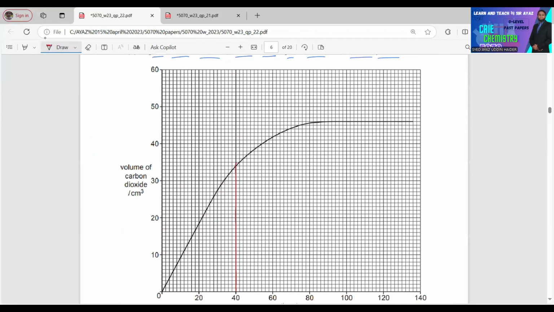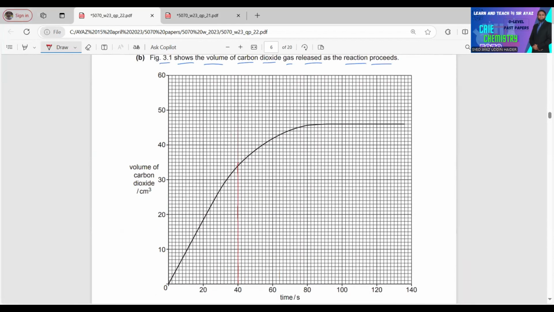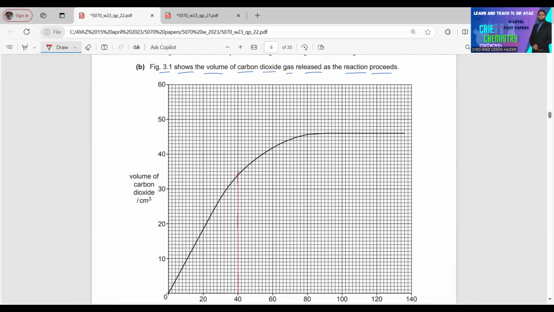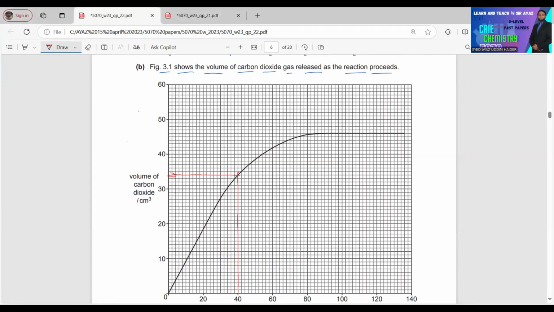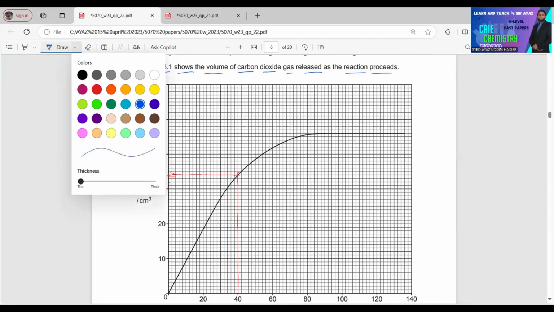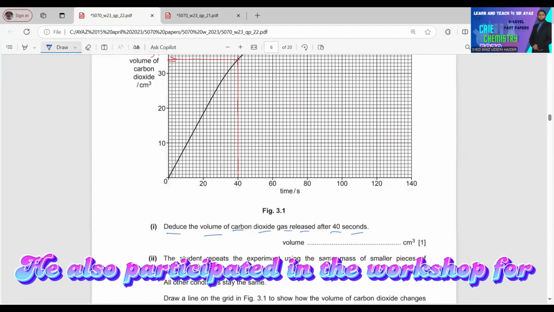The volume must be 31, 32, 33, 34. It must be 34 centimeter cube. So I will write 34 here.